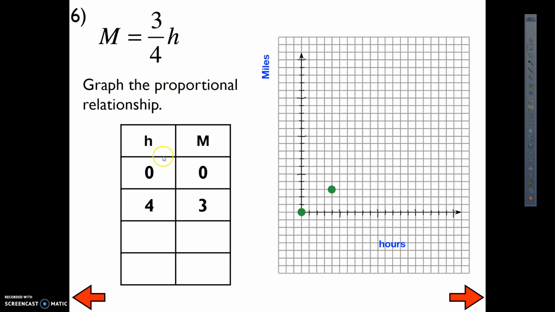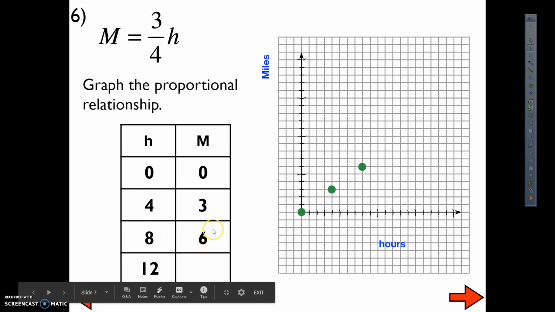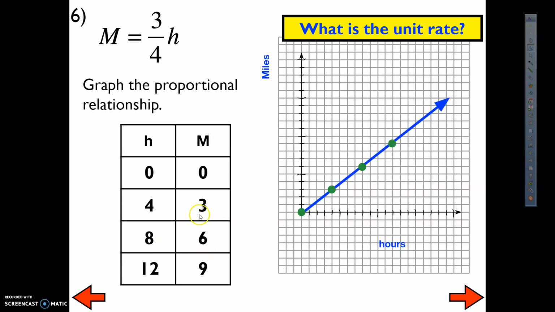Every 4 for the h means 3 more for the m. The next one would be 8 for the h, and that would give us 6 for the m. 4 more than 8 would be 12 for hours, and 3 more than 6 would be 9 for miles. And so remember, that's how we got the graph, and then the unit rate is found from there.